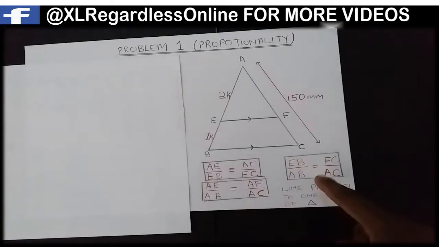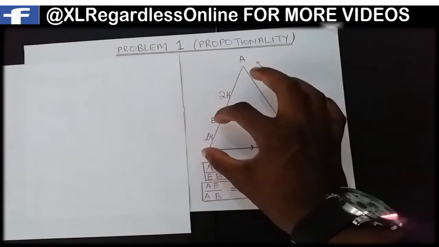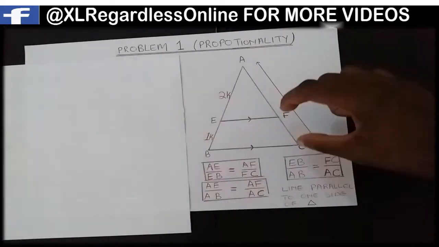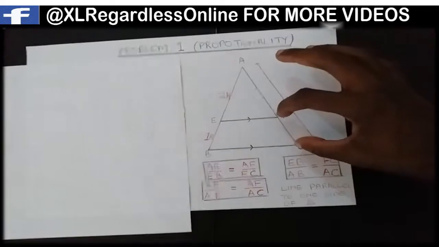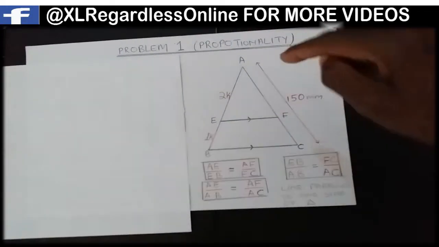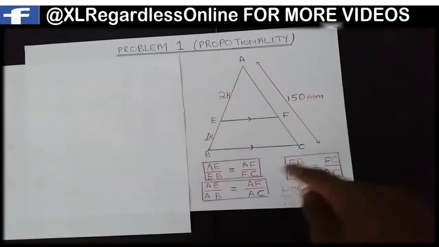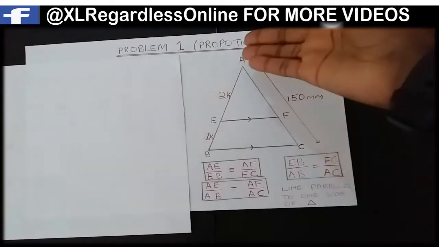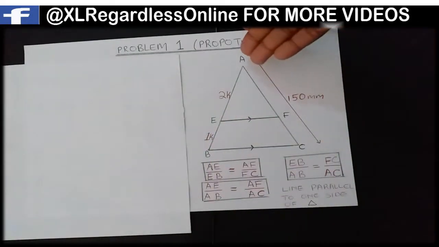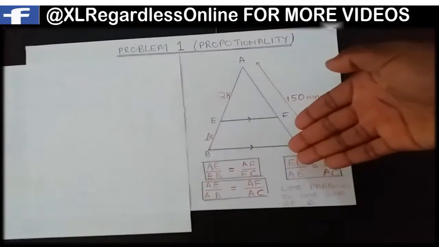And the third ratio, what are we going to have? We have bottom all over the whole side. On this side, we are also going to do the very same thing, bottom all over the whole side. And remember, when we are writing these sides, on this side we are moving away from A towards B, so on this side we are going to move away from A towards C.